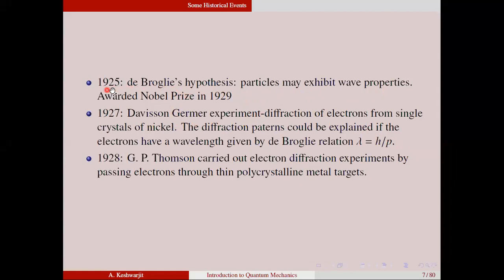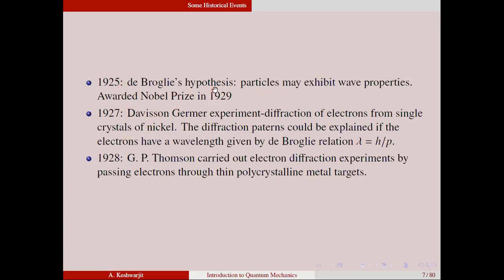And later, in 1925, de Broglie's hypothesis was that not only does light exhibit particle properties, but particles may also exhibit wave properties. So matter in general has a dual nature. Matter has both wave properties as well as particle properties.